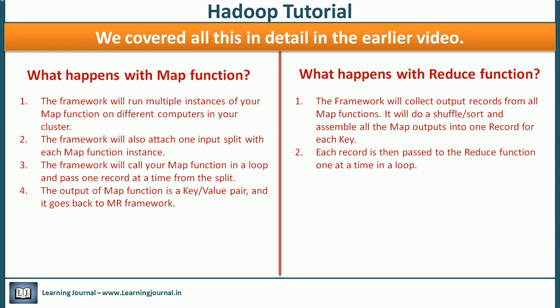Each record is then passed to the reduce function one at a time in a loop. The output of the reduce function is again a key value pair, and it is written to HDFS in a file. These 3 points are the basics of a reduce function. The most important part is to understand how a record is created after shuffle and sort. If you can visualize your record for the reducer, you can write a correct reduce function.